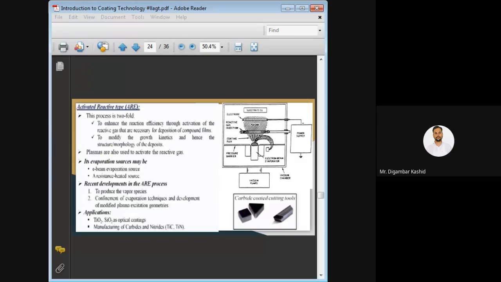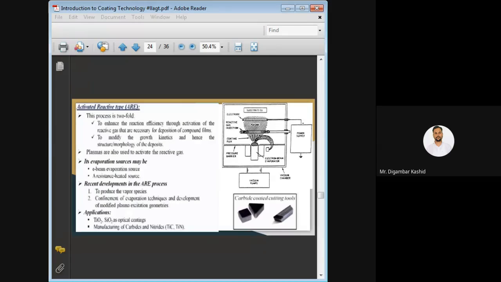The operation source can be either an e-beam source, an electron beam, or some kind of resistance heating source.